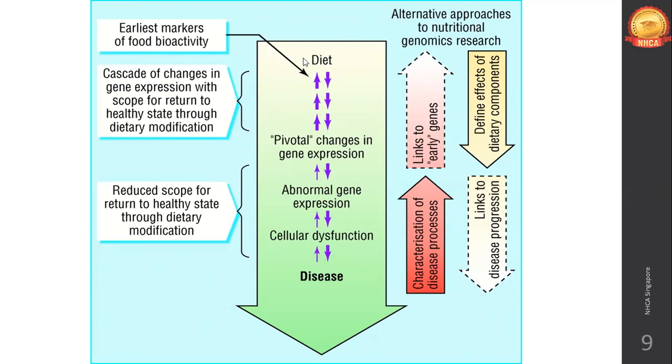The earliest markers of food bioactivity are decided by the kind of diet you're choosing. If you're choosing a healthy diet, a home cooked diet, antioxidant rich meals on a daily basis, that will lead you to a positive food bioactivity.